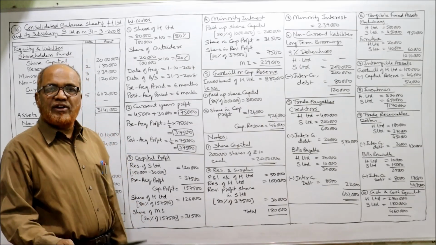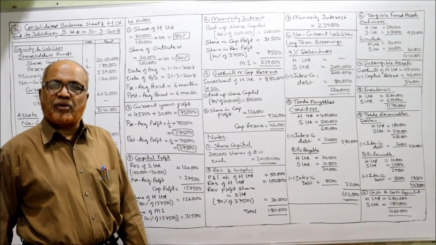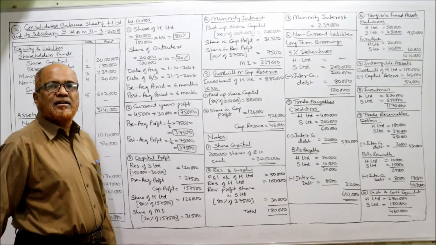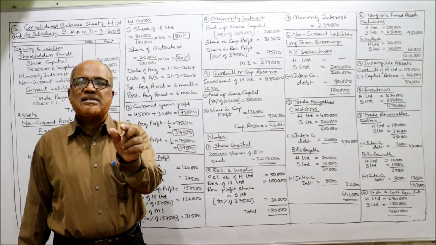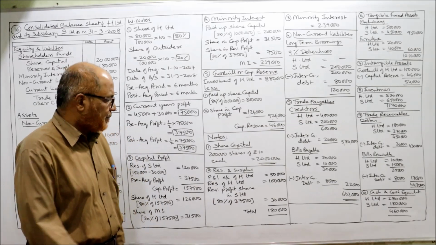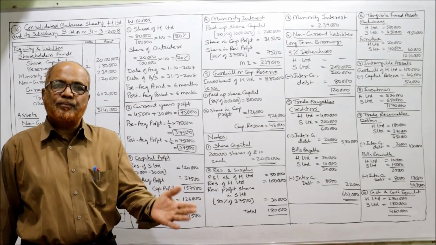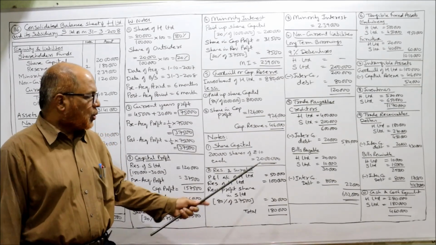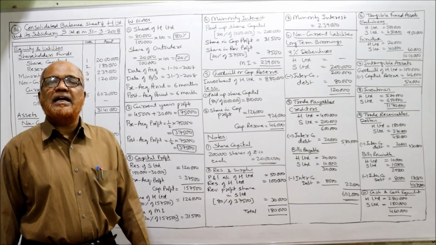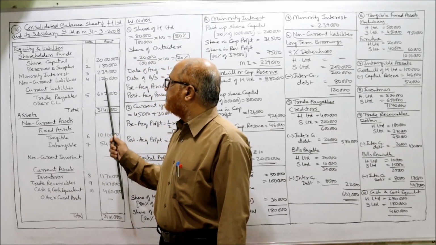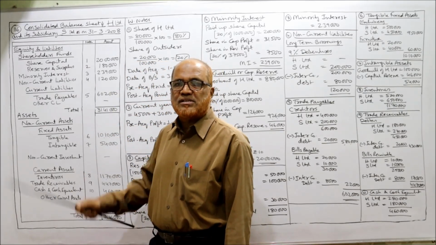Revenue profit is post-acquisition profit, which is 37,500. So 80% of 37,500 is 30,000. This goes to H Limited. So the total will be 1,80,000 reserves and surplus.